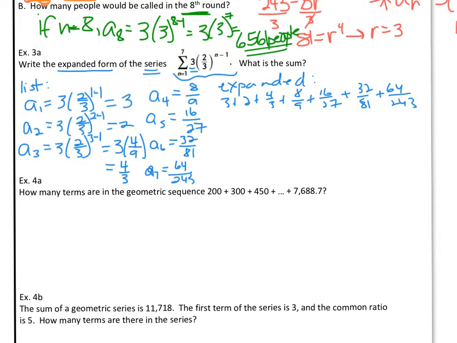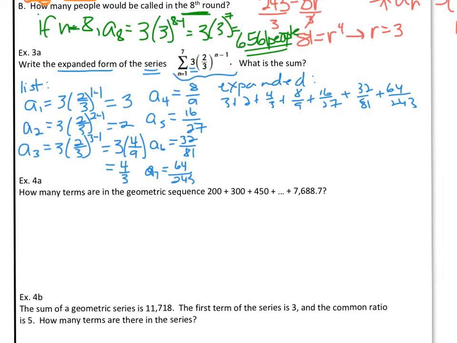Now, if you were to add them all together, you'd need to get a common denominator in order to find the sum. That would be pretty intense. Instead, let's use the sum for a geometric series formula, which is also pretty intense, but it wouldn't require all the common denominators.